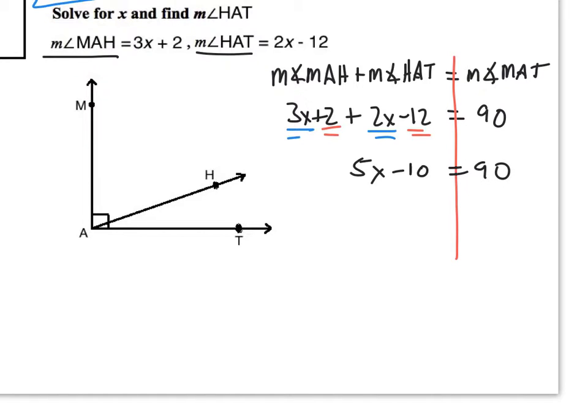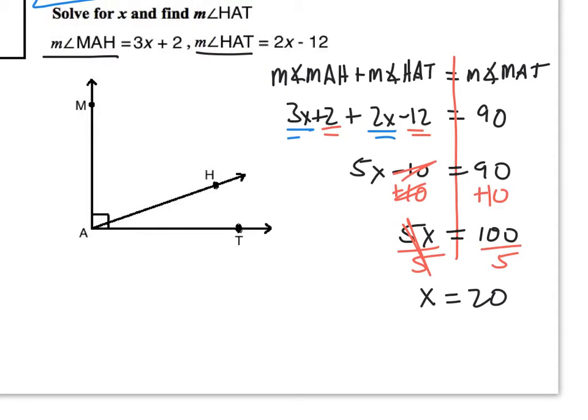That equals 90. So I add 10 to both sides to cross my equal sign. So then 5x equals 100. And I divide both sides by 5 again to cross that line, solve for x. So then x equals 20. So there's our value of x.